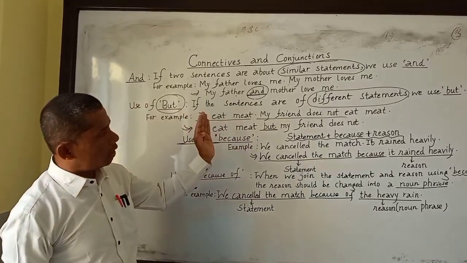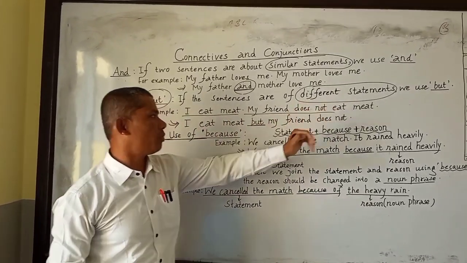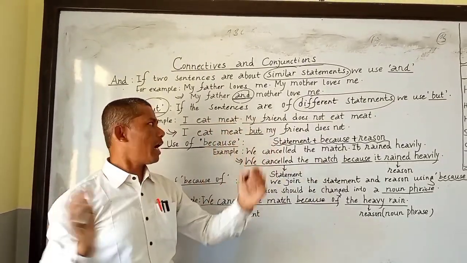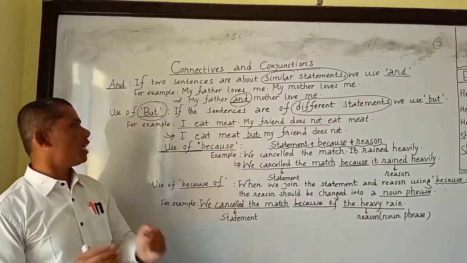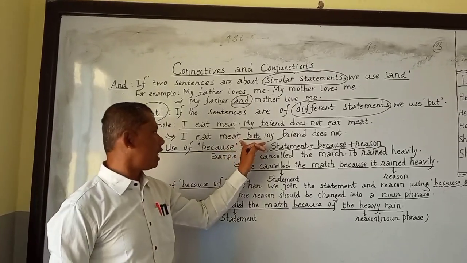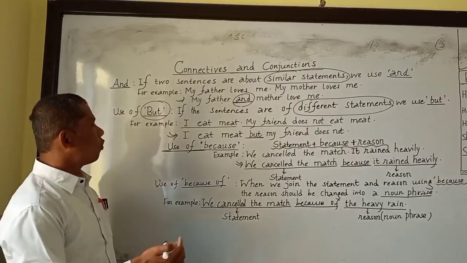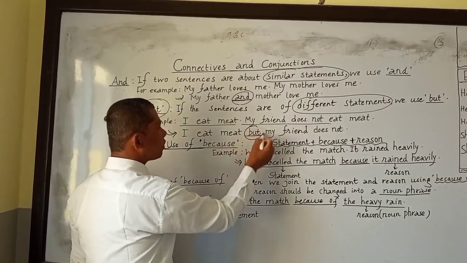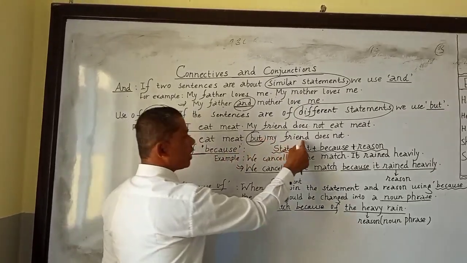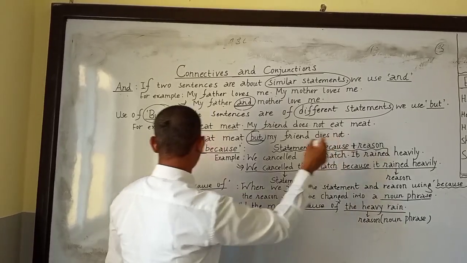So if the two sentences give different, contrasting ideas, then in that circumstance, we can use "but". For example, I eat meat, but my friend does not.